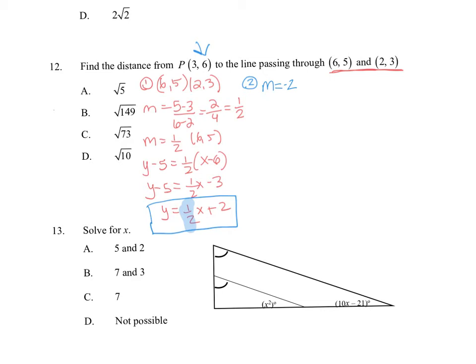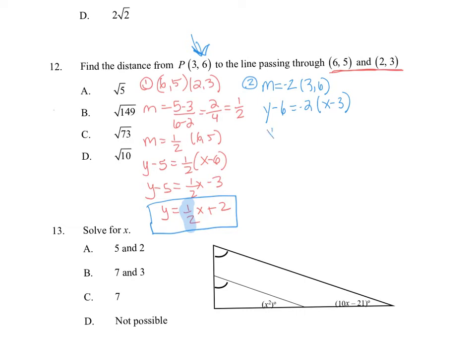So I'm going to use that slope, -2, and the point that was given to me, (3, 6), and do point slope form. So y minus 6 equals -2 times x minus 3.